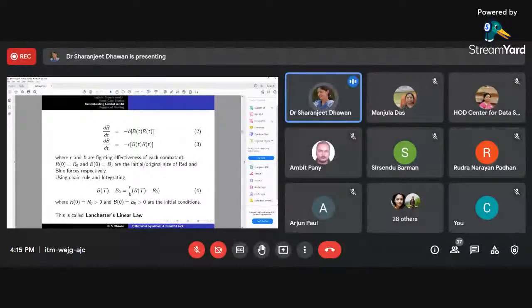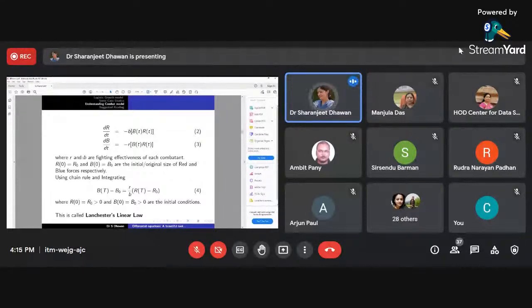Here small r and small b are the fighting effectiveness of each combatant, that is, the attrition rate. The attrition rate is the rate at which one surviving combatant destroys the opponent.